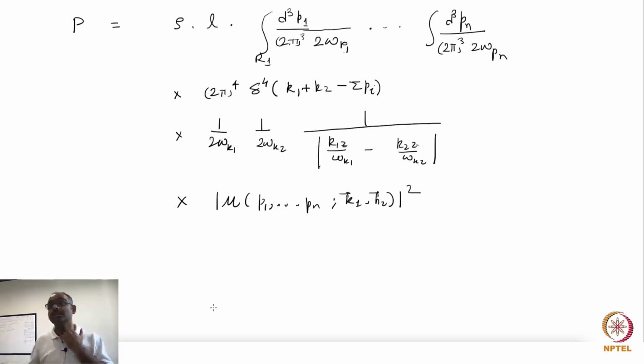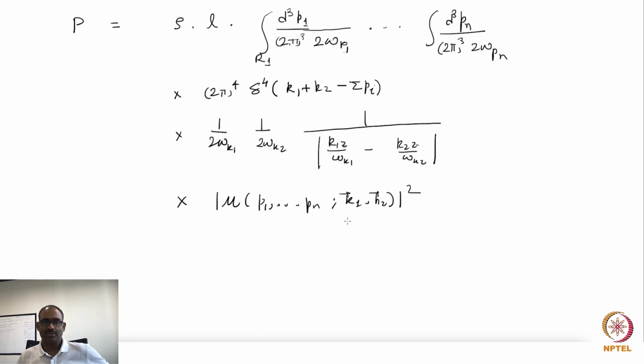I'll do a little more massaging of this later, but for now let's see what we have got. Apart from these factors, which are basically 1 divided by the energy of the incoming particle K1 and 1 over the energy of the second particle K2, you have mod M square.